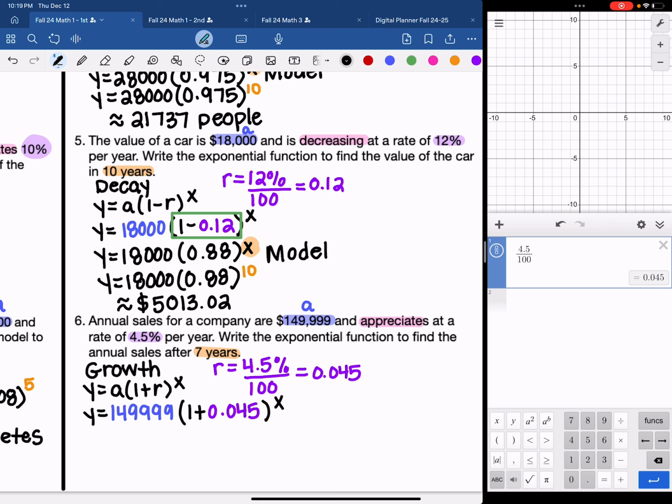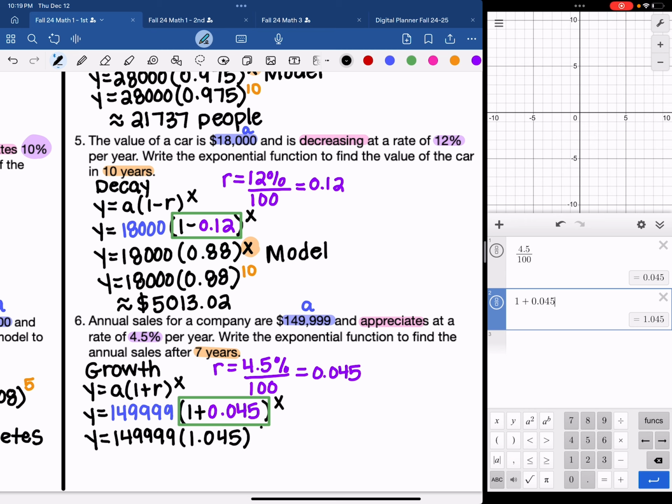And again, once we've plugged all that information in, we're going to simplify and find the base. So if I add those together, 1 plus 0.045, we get our base, and in this problem it's going to be 1.045 altogether.